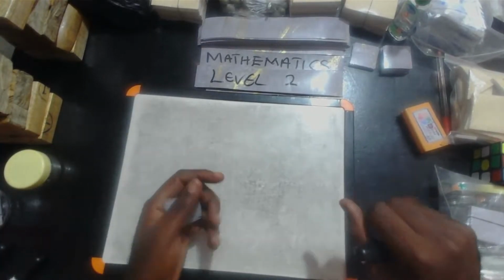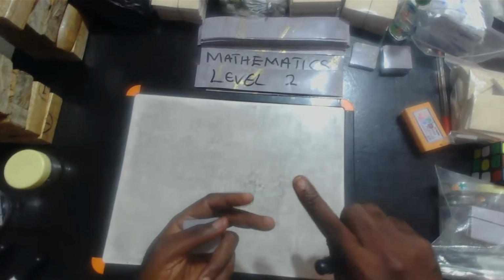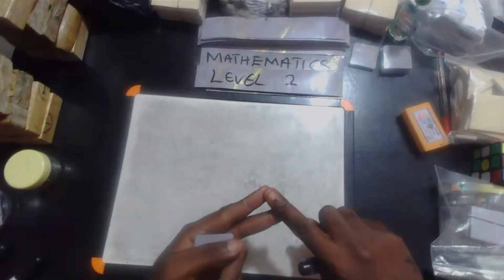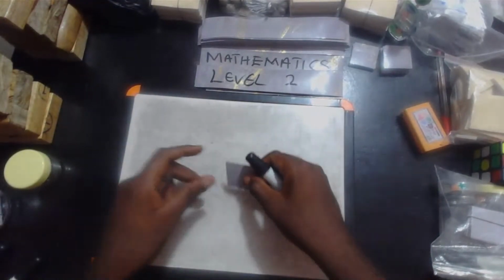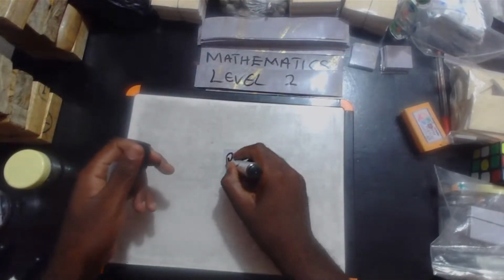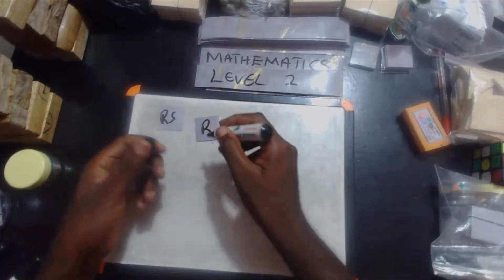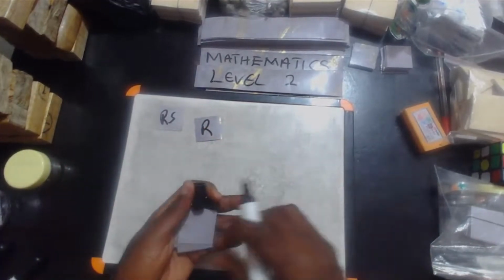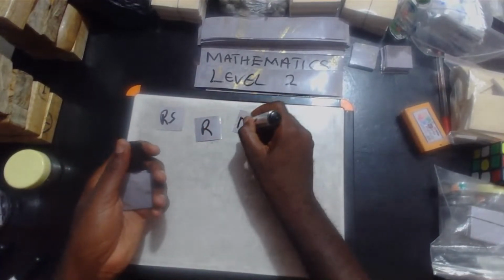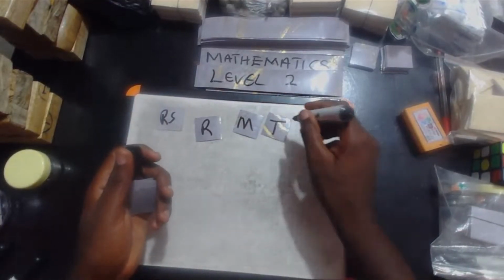So we have to choose one of the following: recipe scaling, resource sharing, market transactions, and time management.